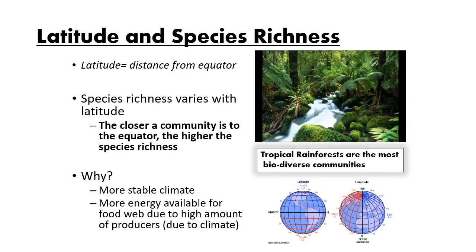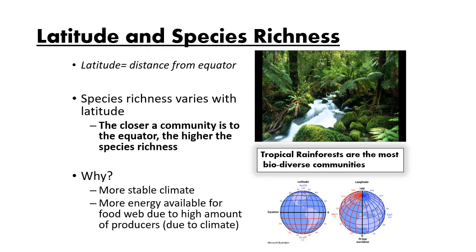So latitude is the distance from the equator, and species richness varies with latitude. So the closer a community is to the equator, the higher the species richness. This is why the tropical rainforests are some of the most diverse biocommunities and why they're called a museum and a cradle, because they have some of the oldest species there and they're giving birth to new species all the time.